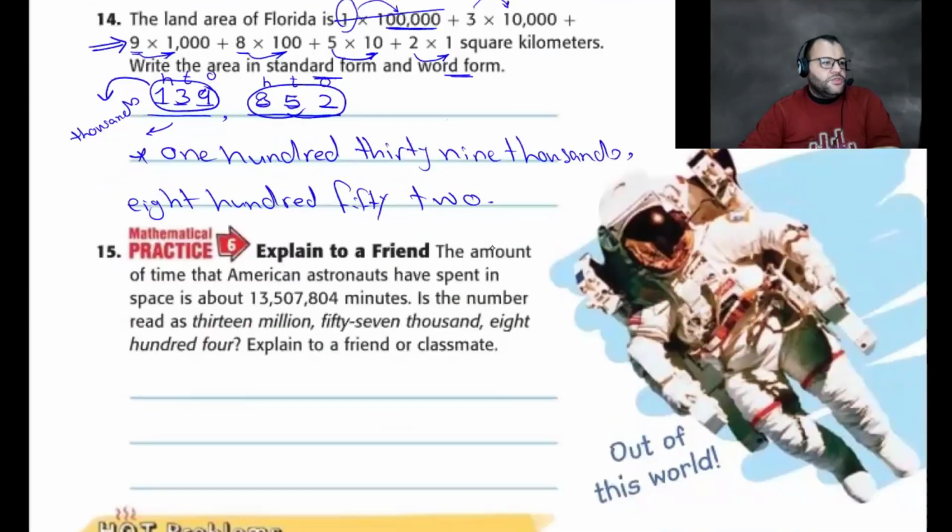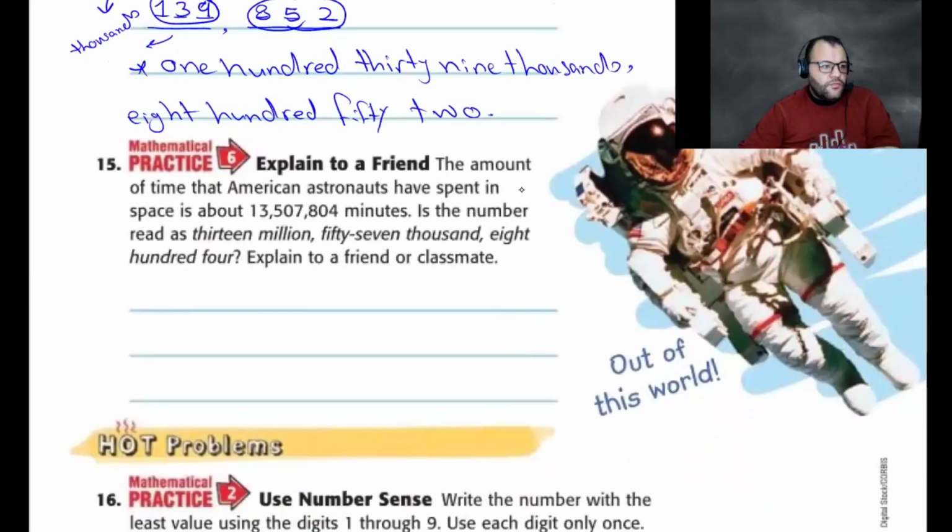Okay. So number 15. Now we have a number that is in standard form, and we write this number this way in word form. Is it right or wrong? This first number, I will not read it.